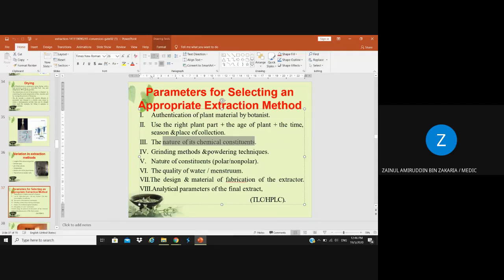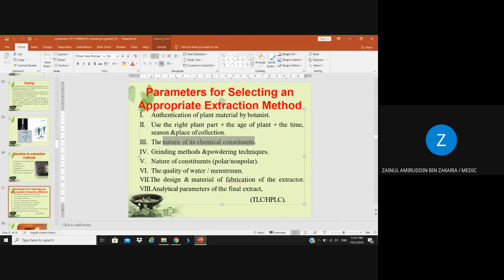The methods, nature of the constituents, polar or non-polar, quantity of water or menstruum, the ratio, okay, the extractor fabrication, material and design also affect, okay, the design of the extractor, analytical parameters of the final product, the final extract.